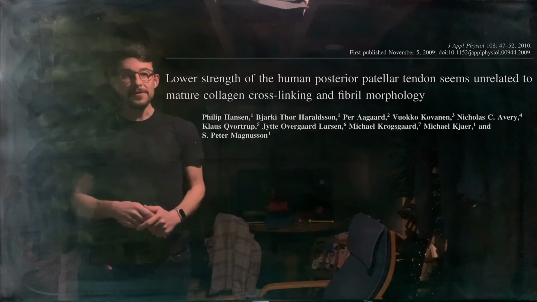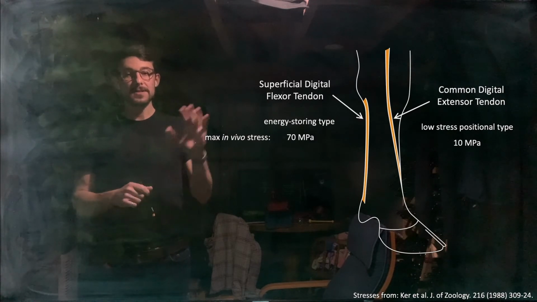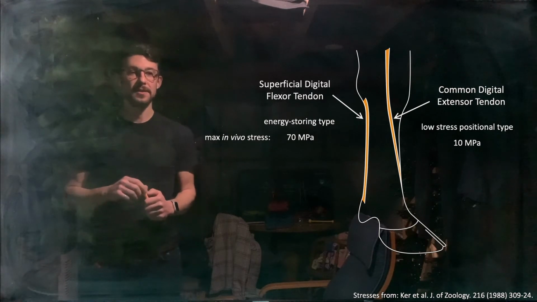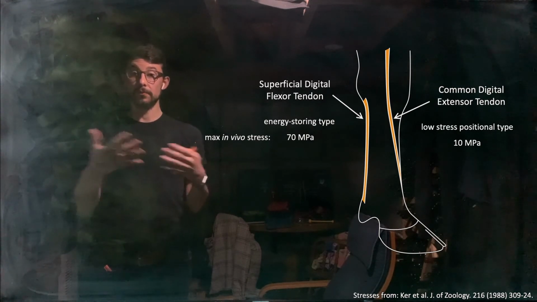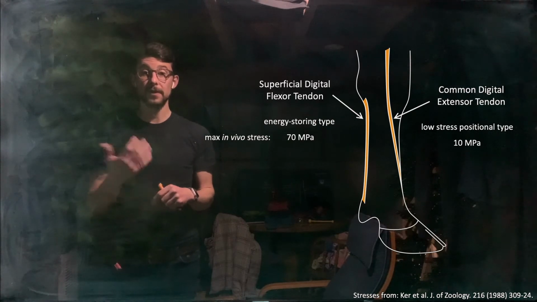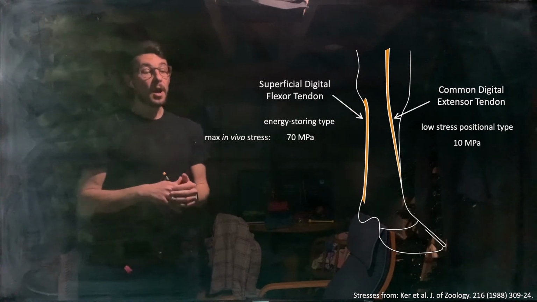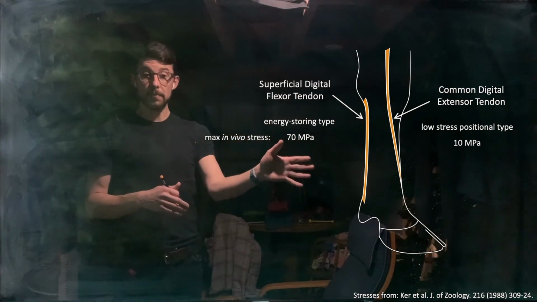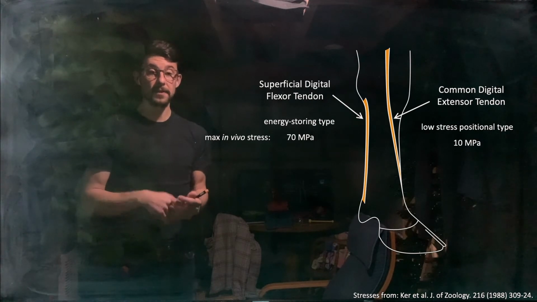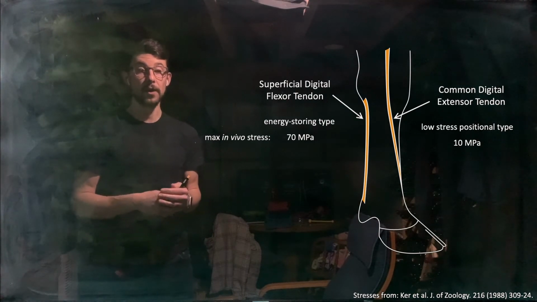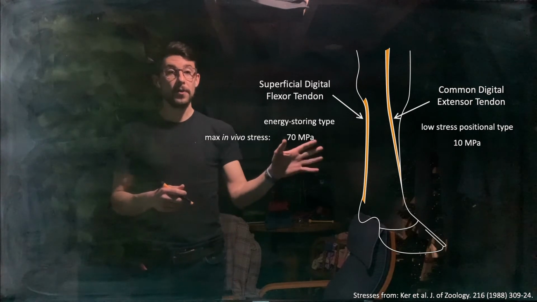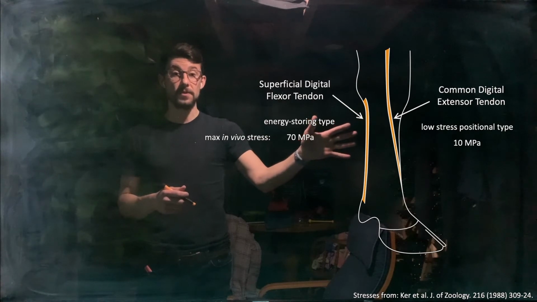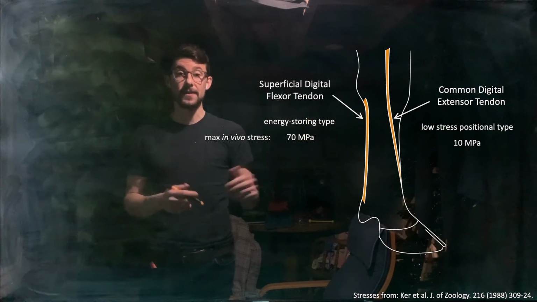So here's some work that I've done and some other groups have done too, to explore a little bit more this relationship between cross-linking and tendon strength. I've used this really convenient model that's a bovine forelimb model, where within the bovine forelimb there are two tendons that are very different in terms of their function and the stresses that they see in life.